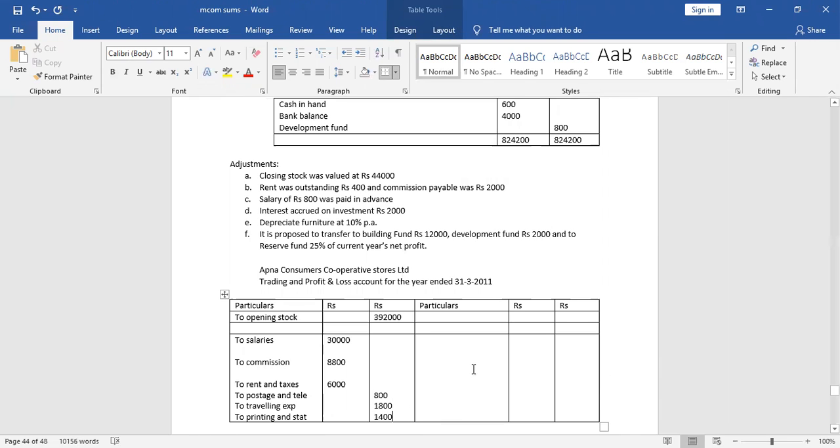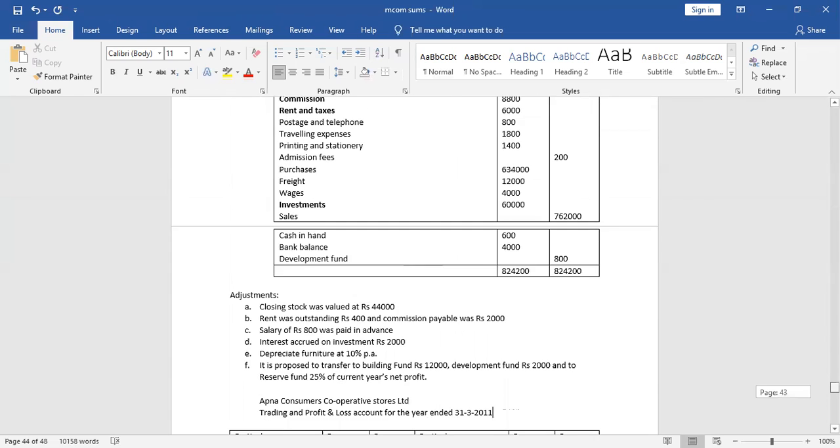Then we have admission fees. See, one minute, let us see. Admission fees is there, na?